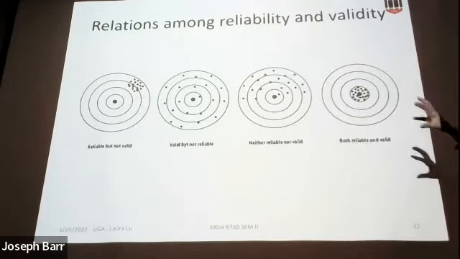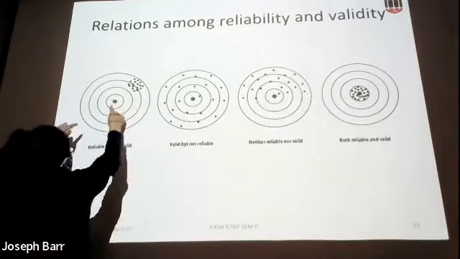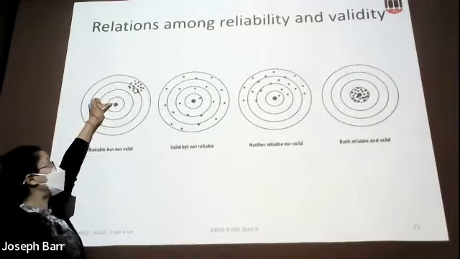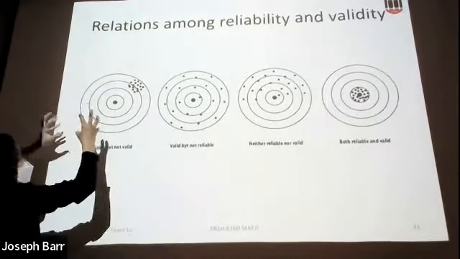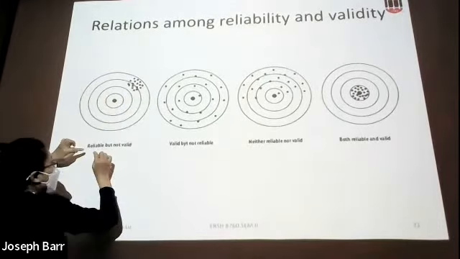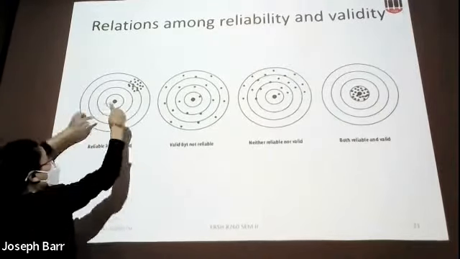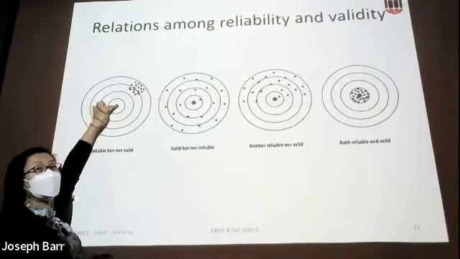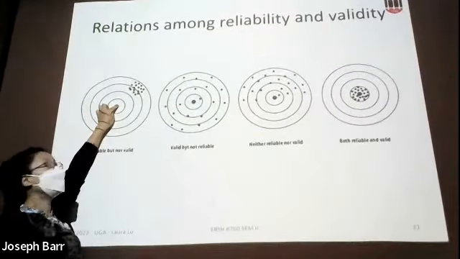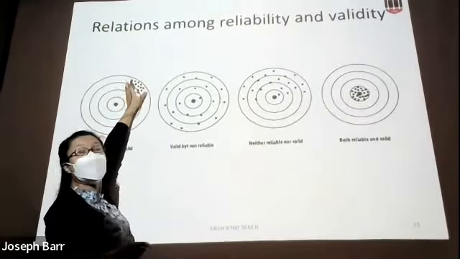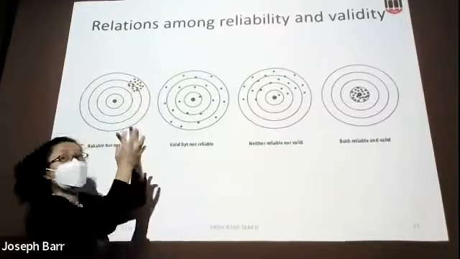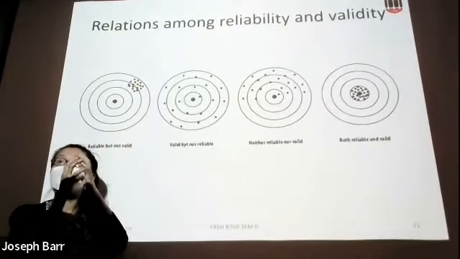So suppose this is our target. We try to measure this concept. If you have this observed variable, it's called reliable but not valid. What does that mean? We try to measure this thing, but actually we missed the target. What do we measure? It's here. But look at a bunch of observed variables. They are very close to each other.